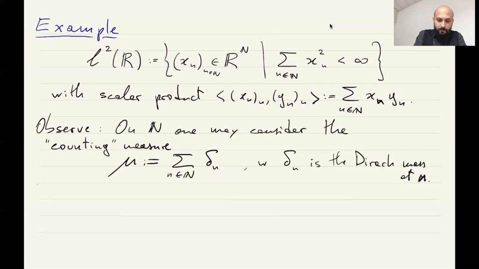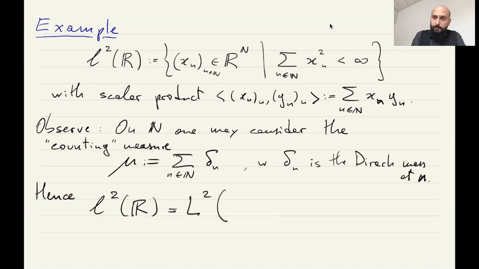So what we have is that this space little L2 of R is nothing else than the L2 of the measure space given by N as a set. As sigma algebra, one can take all the parts of N, and the measure is this counting measure.